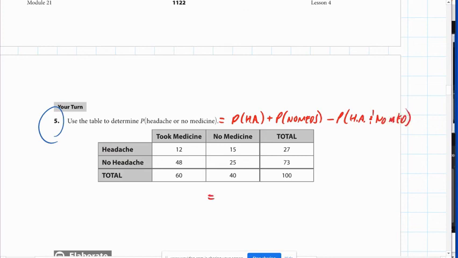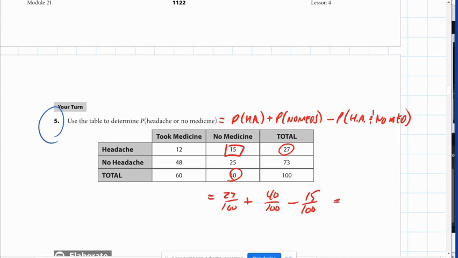The probability of headache is 27 out of 100. Probability of no medicine is 40 out of 100. And then the overlap is 15. People that got a headache and took no medicine is 15 out of 100.